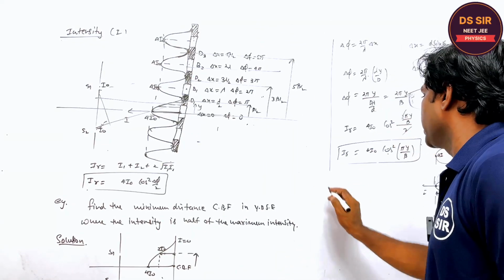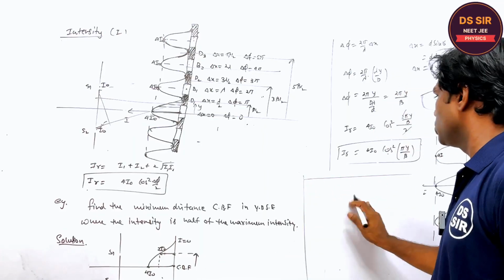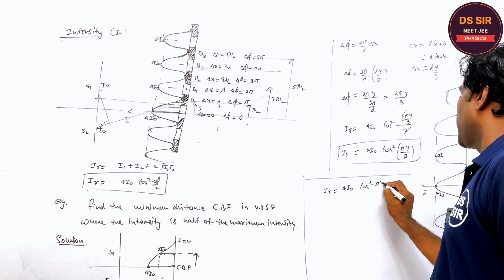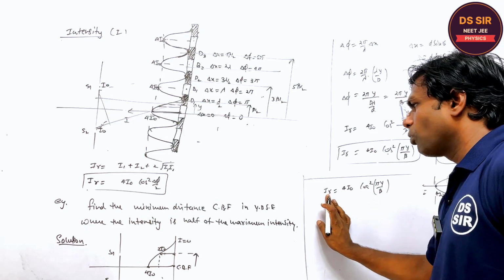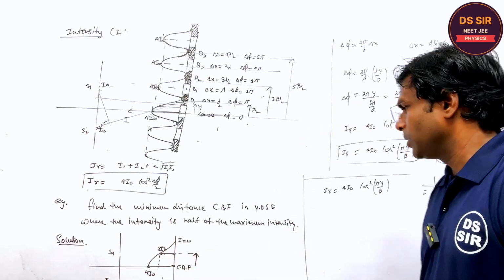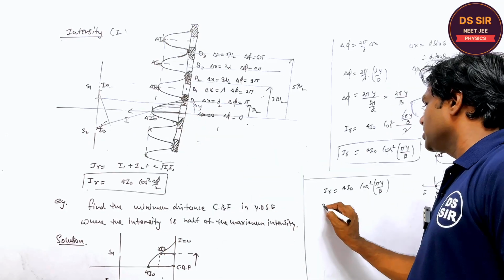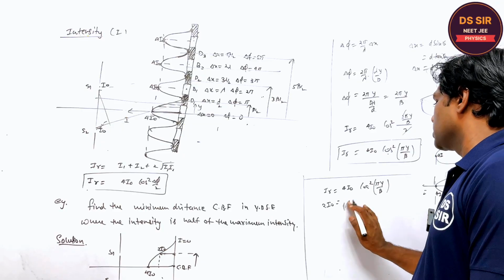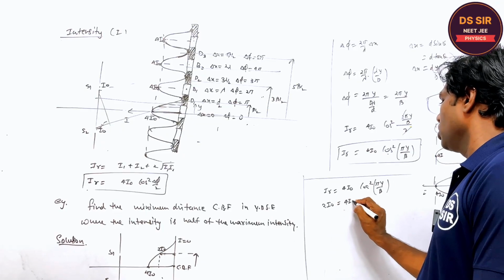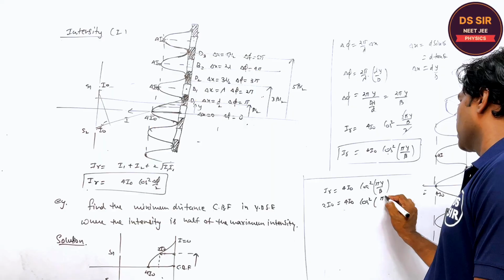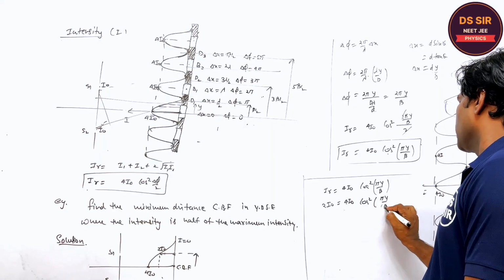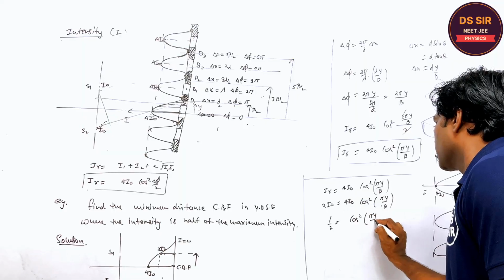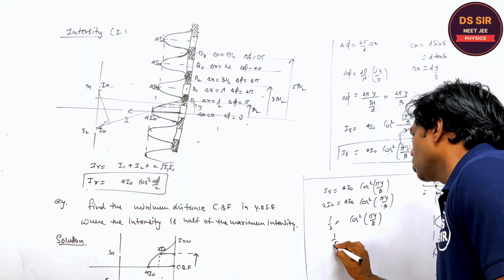We can use this formula. Solution I am writing here. After this you can write the resultant intensity is 4I naught cos square pi y by beta. At this point the resultant intensity should be half of the maximum intensity. So 4I naught cos square pi y by beta equals 2I naught, so cos square is 1 by 2, so cos is 1 by root 2.